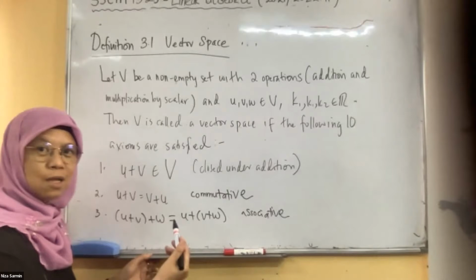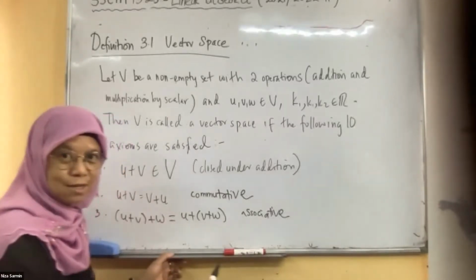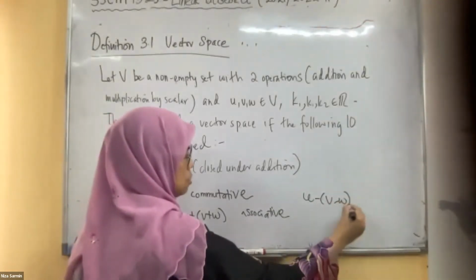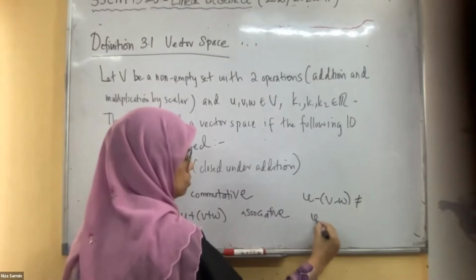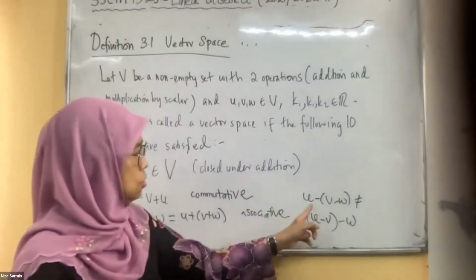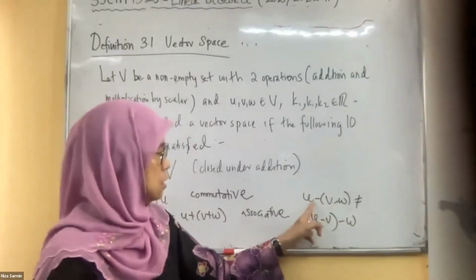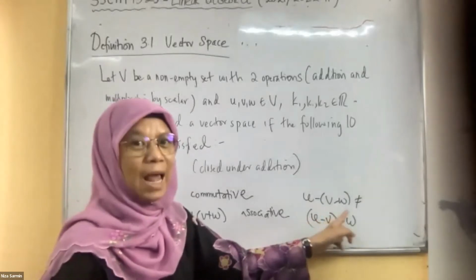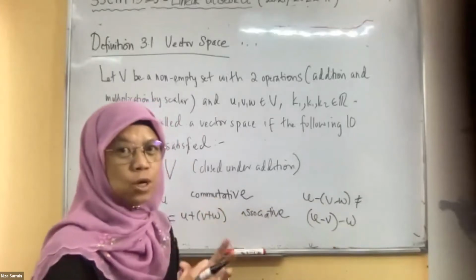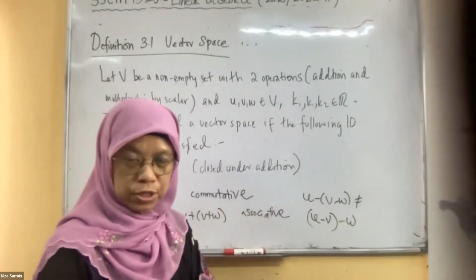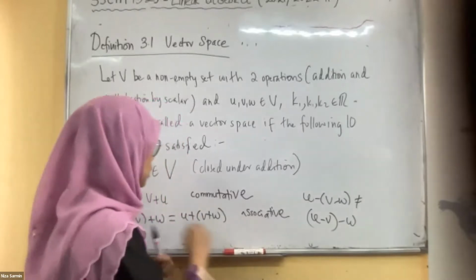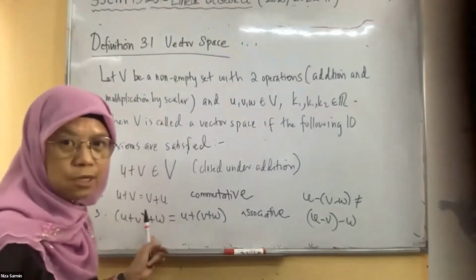For example, subtraction: u minus v minus w is not equal to u minus v minus w grouped the other way, because u minus (v minus w) is u minus v plus w. So this is why you have to check whether the given operation is associative or not. You have to check one by one. Okay, and this is number 3.